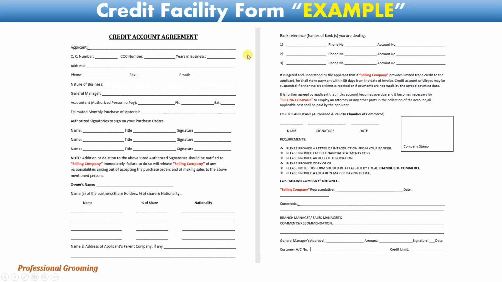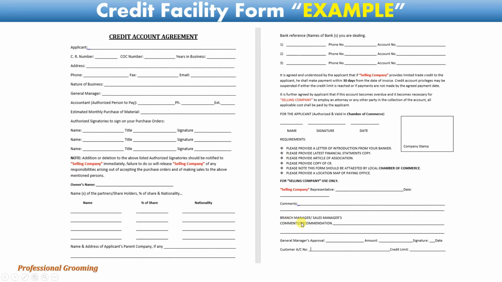So these are all the fields which the buyer has to fill up, and after that the selling company has to fill this. After checking all of this, the selling company representative will put his name, date, and comments about this credit account agreement, whether they are worthy to get the credit.